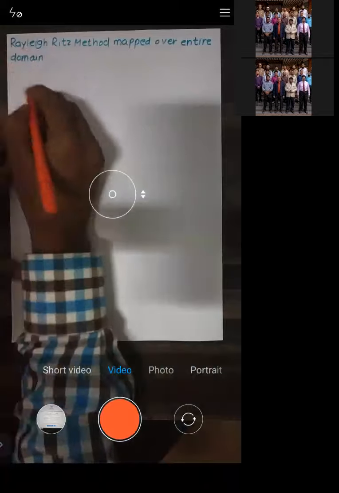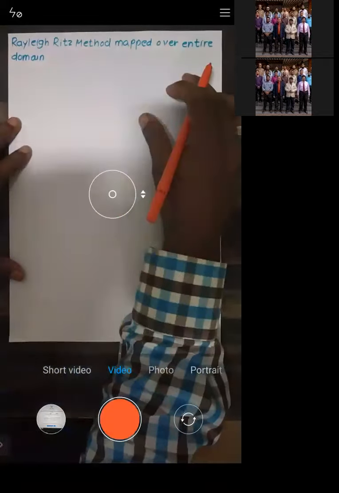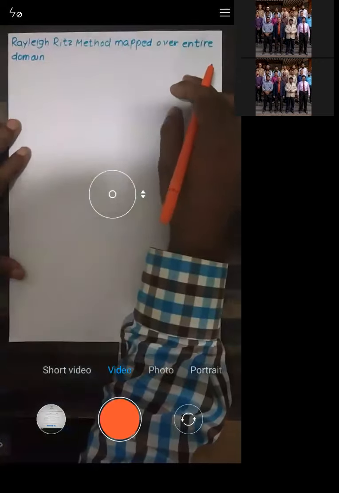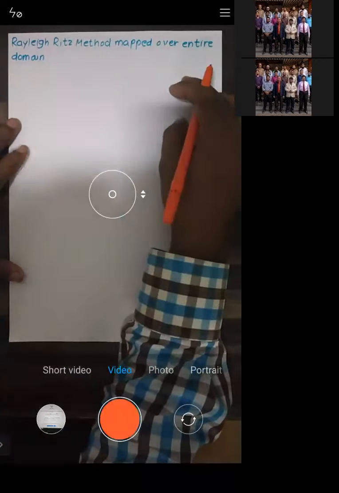So our problem which is given is, the problem which I'm writing, we have already solved by exact, collocation, Galerkin, least square, and subdomain methods. So we have solved that problem by 5 methods previously. Now we will solve it by the Rayleigh-Ritz method.